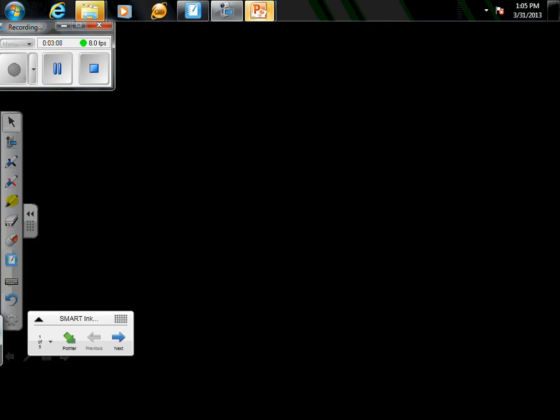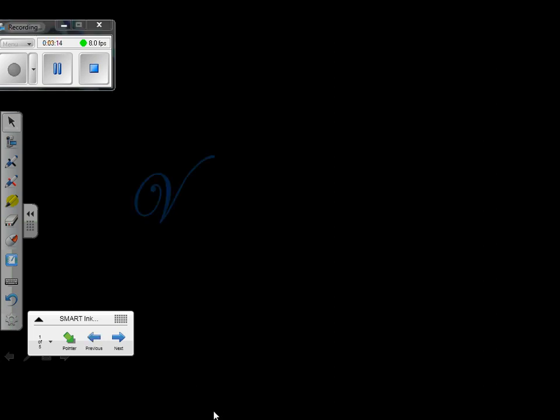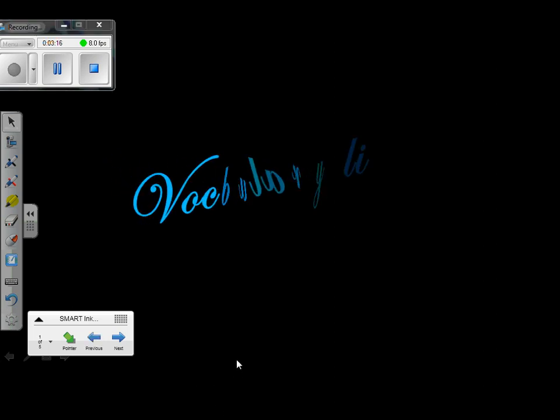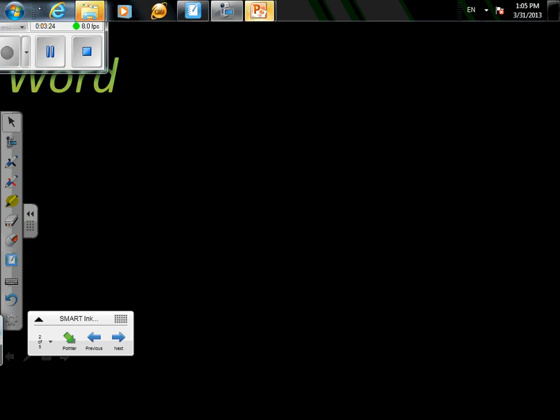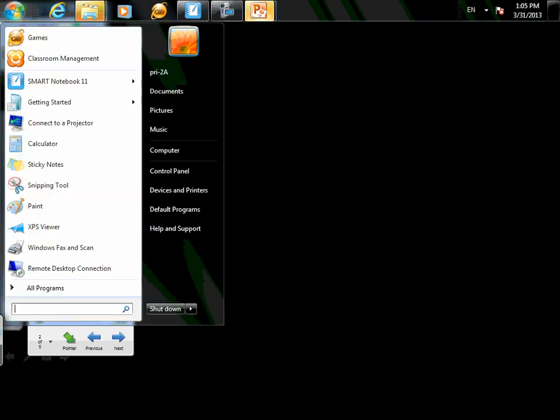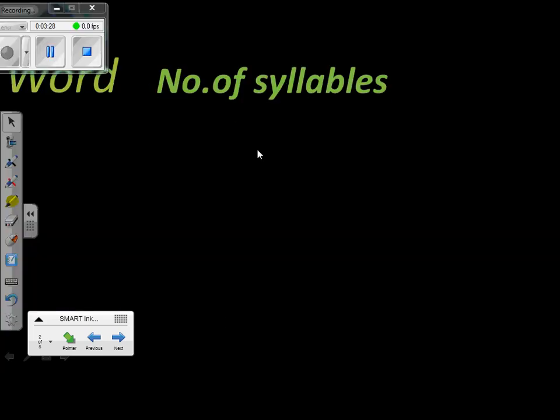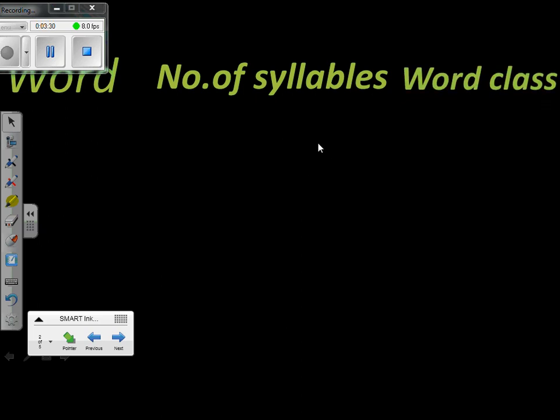All right, my new word. First word we have is tower. All the class, tower. So for my first word we have the word, we have the number of syllables, and we have the word class.